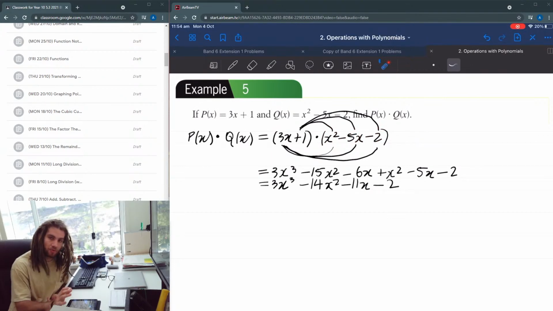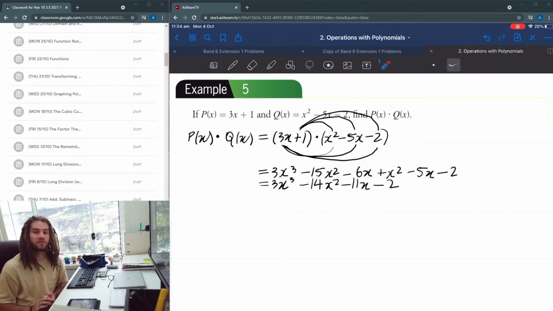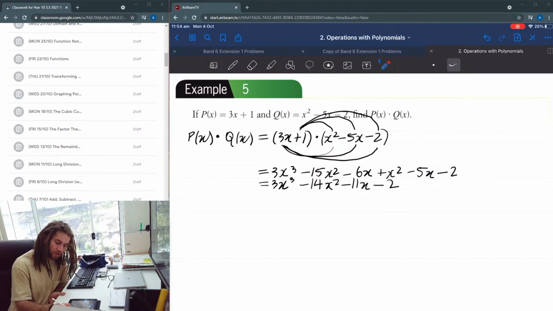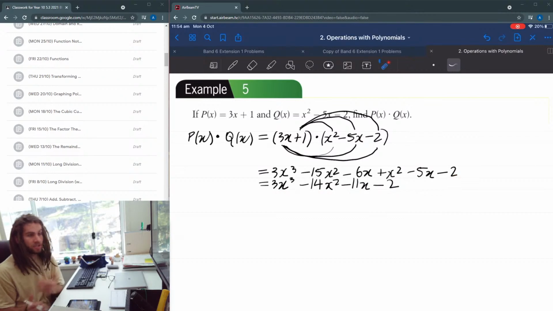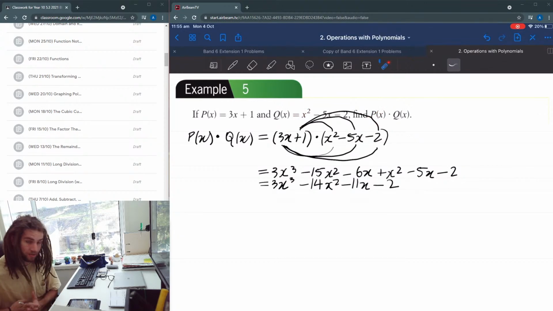That means your output should have 6 terms: 1, 2, 3, 4, 5, 6. If you don't have 6 terms, you've missed something. Obviously, when you collect like terms you'll have fewer than 6, but your initial expansion should have as many terms as the number in here times the number in there. That's just a quick check that you've actually done it all.